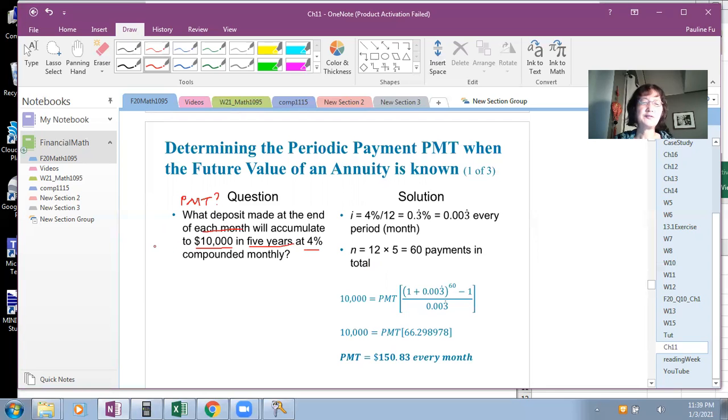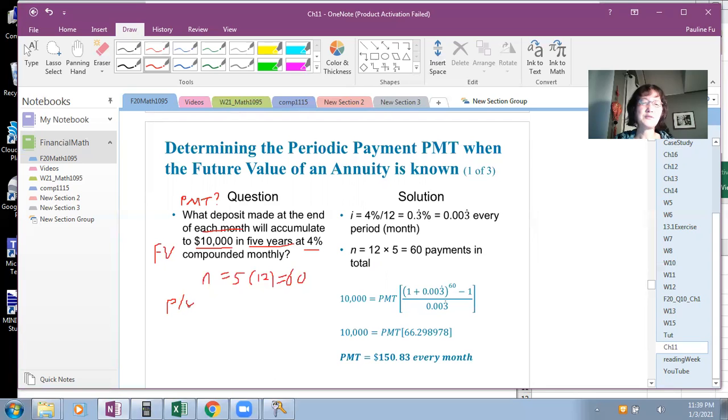Given the future value FV is 10,000, and N is 5 years. 1 year has 12 months, so N is 60 months. And you make a payment every month.